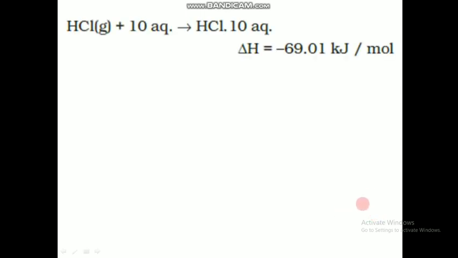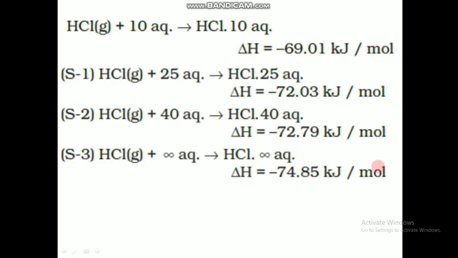So how do we calculate enthalpy of dilution? For that we have taken an example here. We take HCl and mix it with 10 moles of water. We get an enthalpy change of negative 69.01 kilojoules per mole. And we have taken different conditions here. In one system we are adding 25 moles to HCl, and next we are adding 40 moles.